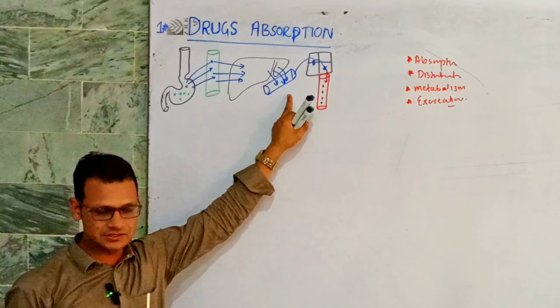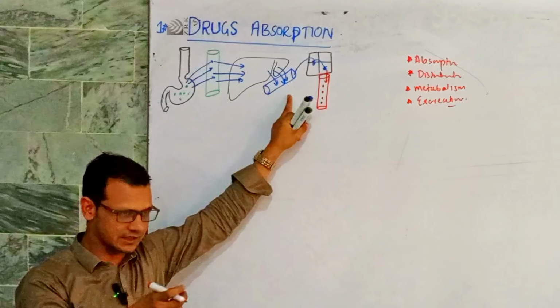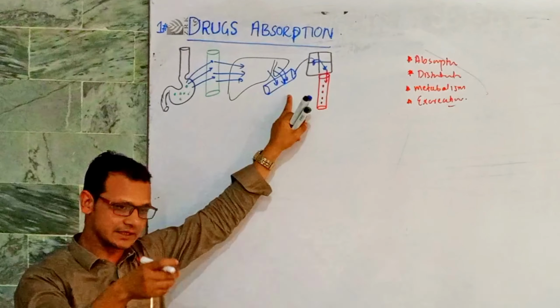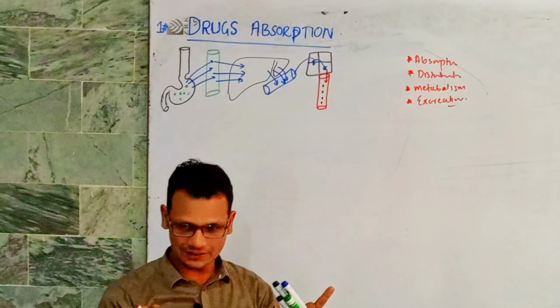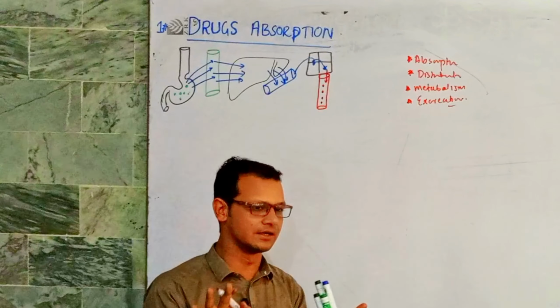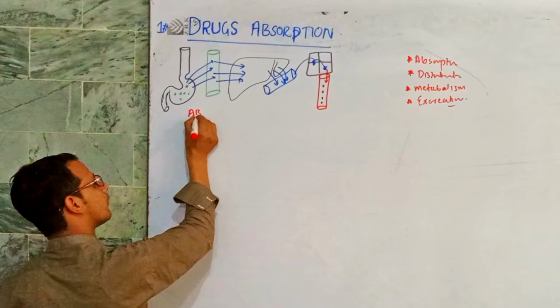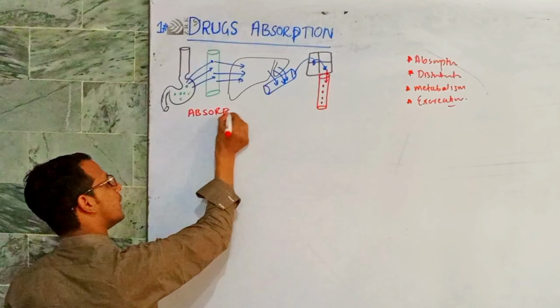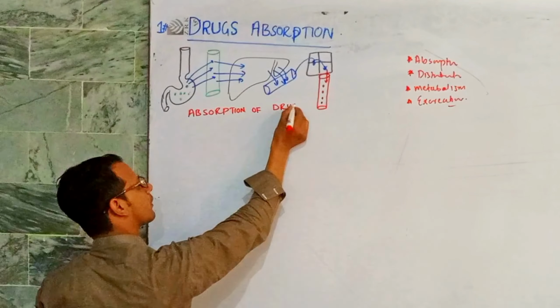How can we define this? The movement of drugs from the site of administration into the bloodstream. Whether the blood is portal, venous or arterial, the movement of drug from the site of administration into blood is called absorption. This whole step is called absorption of drug.